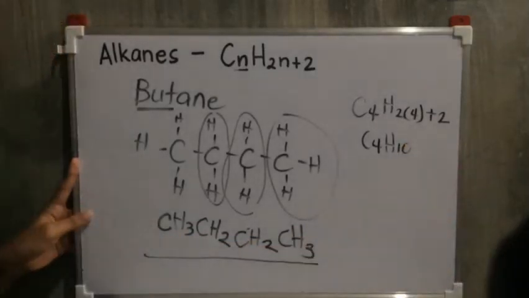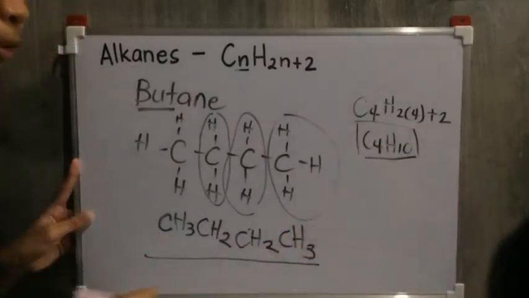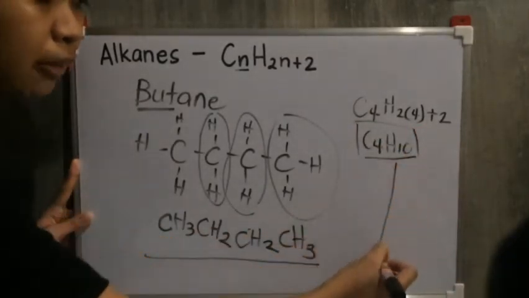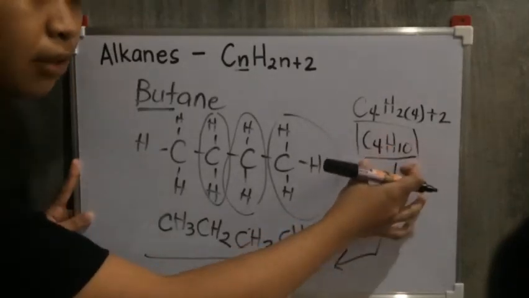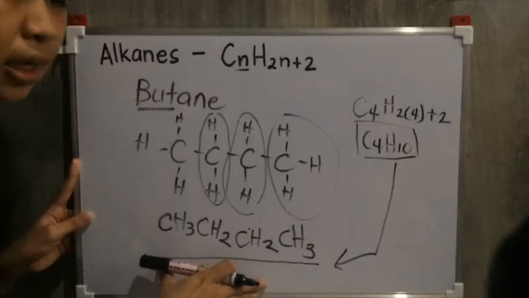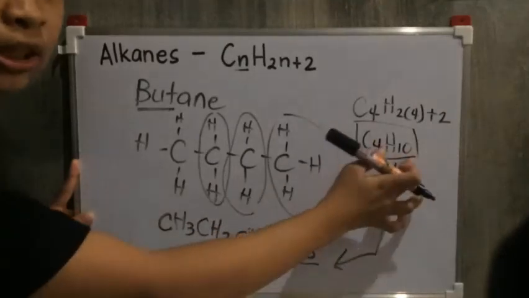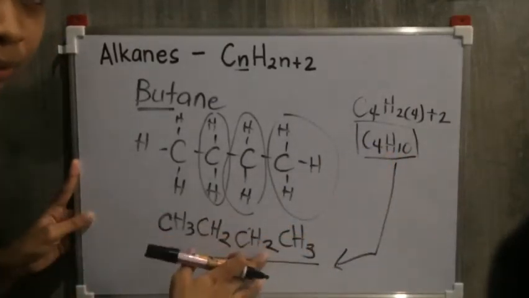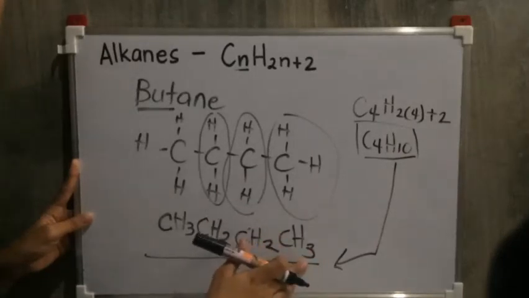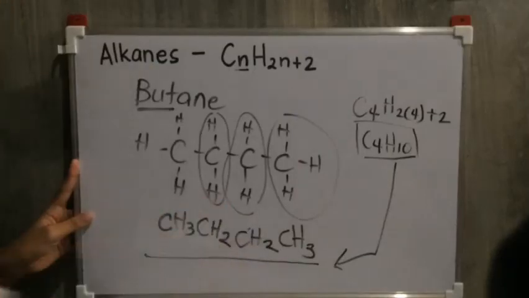So, we have C4H10. This is the general formula for butane. If you notice, the number of carbons and hydrogens in the general formula and in the condensed structural formula are the same. C4, 1, 2, 3, 4. H10, 3 plus 2, 5 plus 2, 7 plus 3, 10. So, they have the same number of carbons and hydrogens.